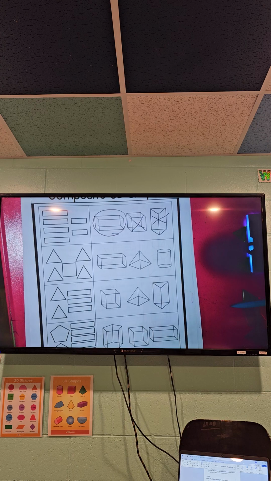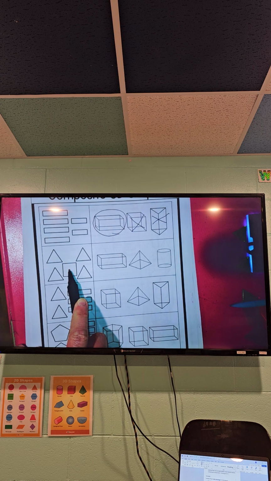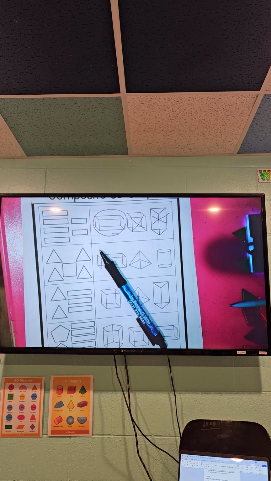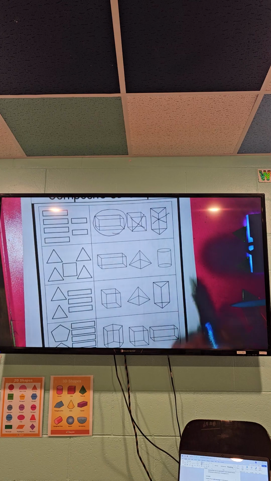All right, let's look at the next set of shapes. We have 4 triangles and a square. I already know what this is just by thinking about these, because this would have to be the bottom of the object, and these are the sides of the square, and then they're put together to make what?